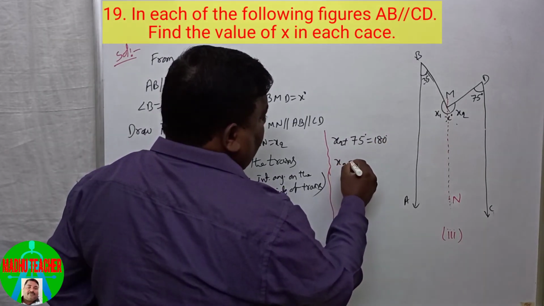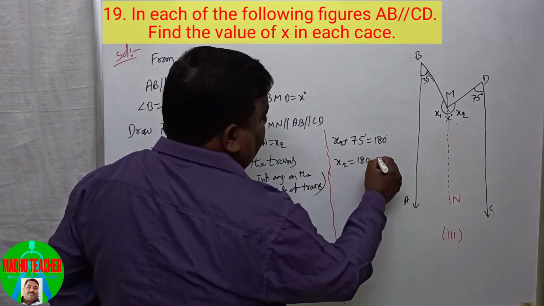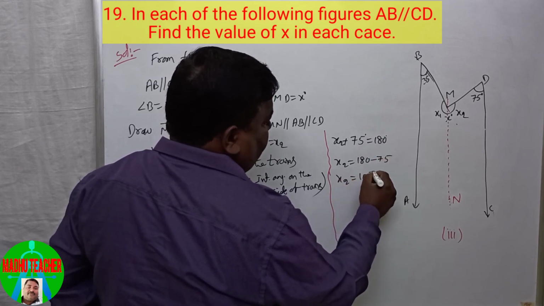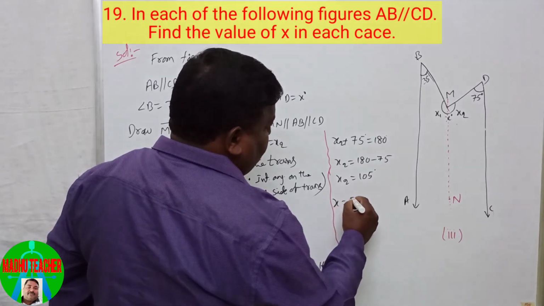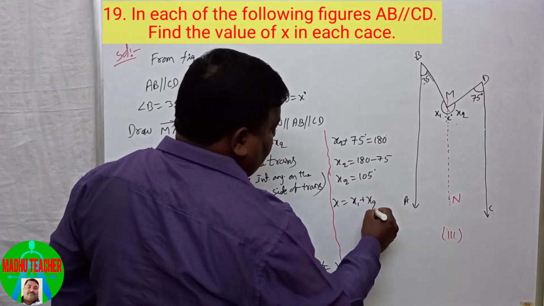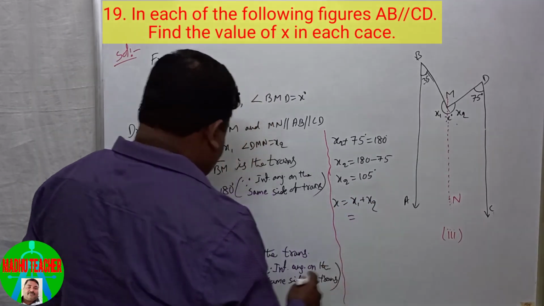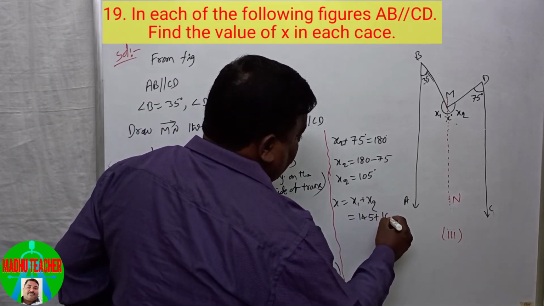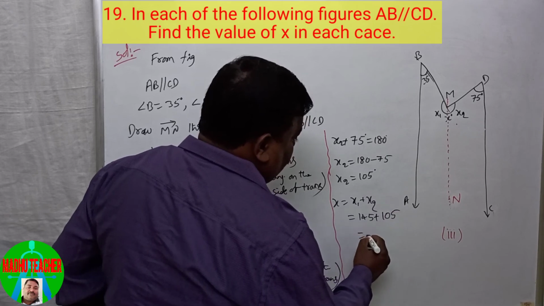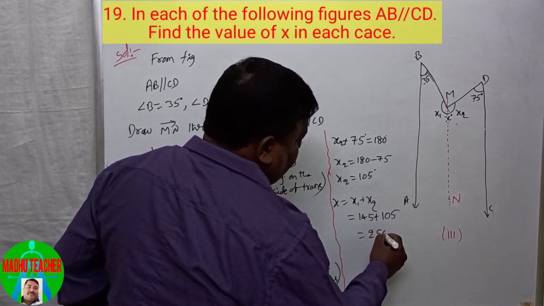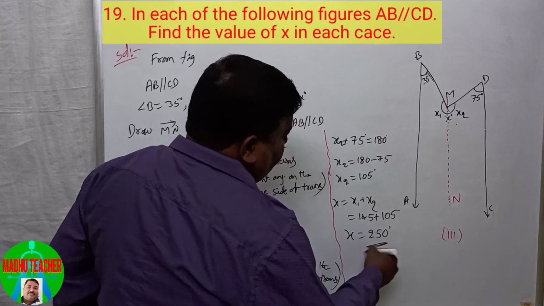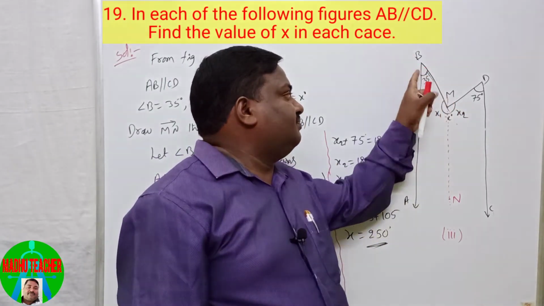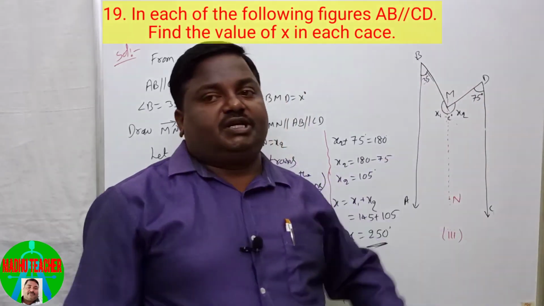So x2 equal to 180 minus 75. So x2 equal to 105 degrees. So what is x? x1 plus x2. So that equals x1, 145, plus 105. So that equals 250 degrees. x equal to 250 degrees. So angle BMD equal to 250 degrees.